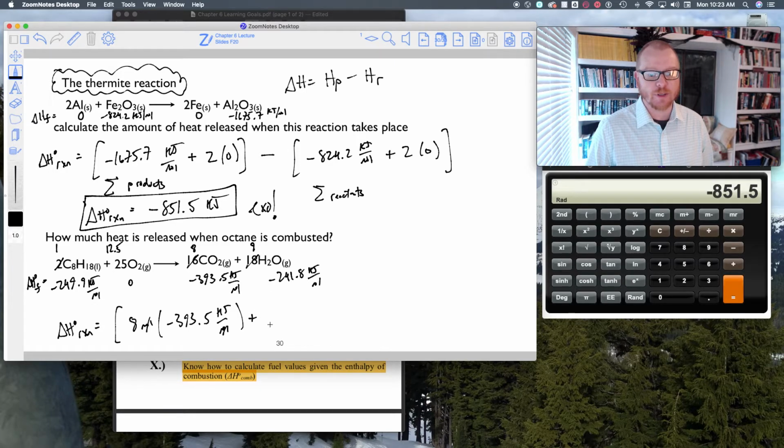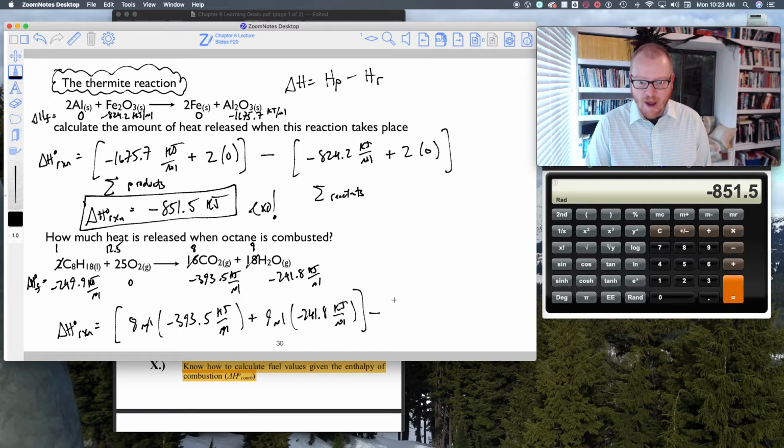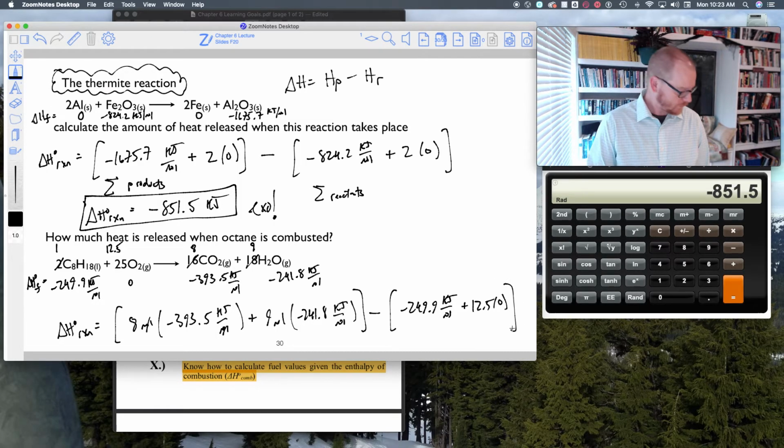And now this is plus 9 mole of negative 241.8 kilojoule per mole. Okay, so that's the sum of my products minus the sum of my reactants. So that's just 1 mole of octane times a mole, so that's going to cancel the per mole unit. And then plus 12.5 oxygens, but times 0.